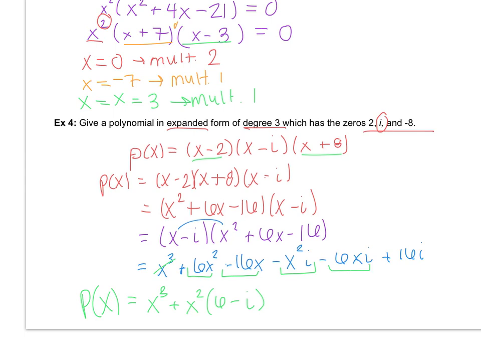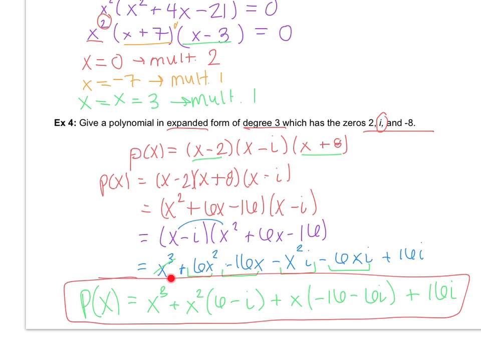So I'm just going to put plus x times negative 16 minus 6i plus 16i. So I've still broken this down into a polynomial based on my cubed term, my x squareds, my x's, and then anything else.